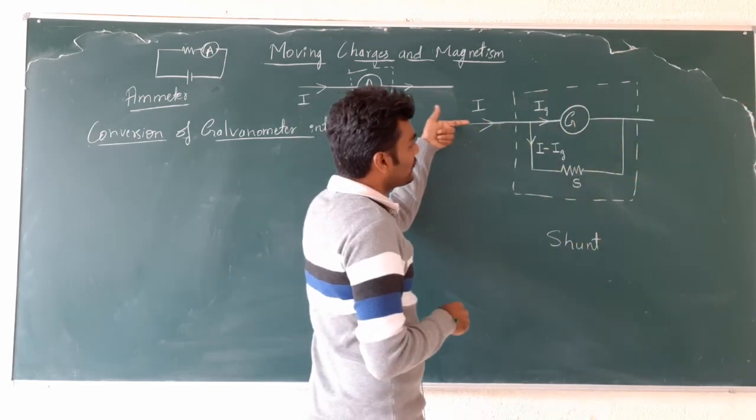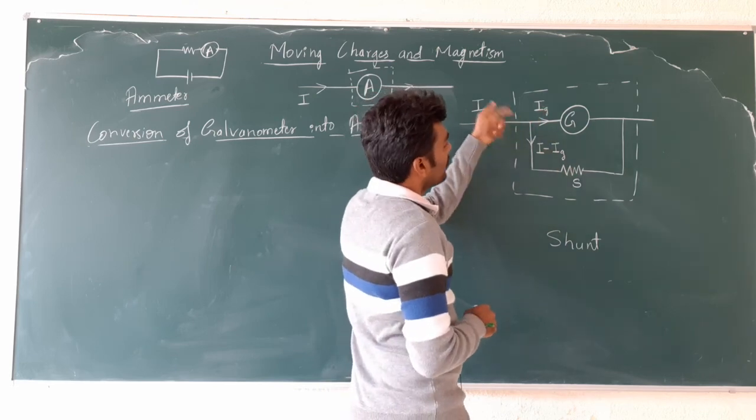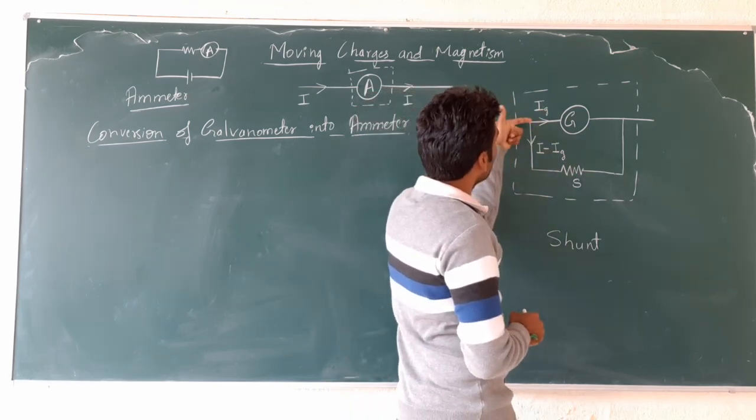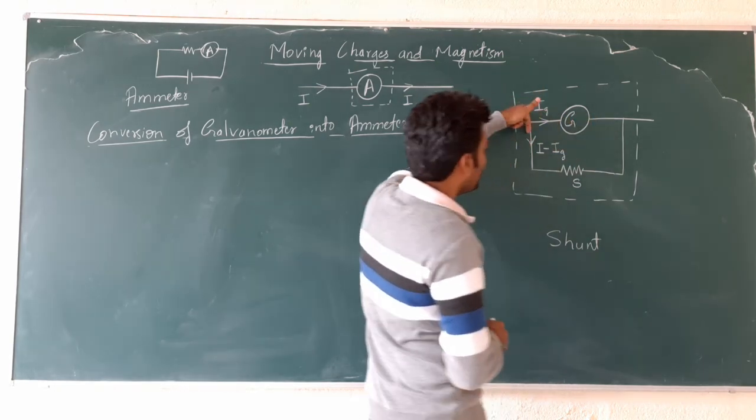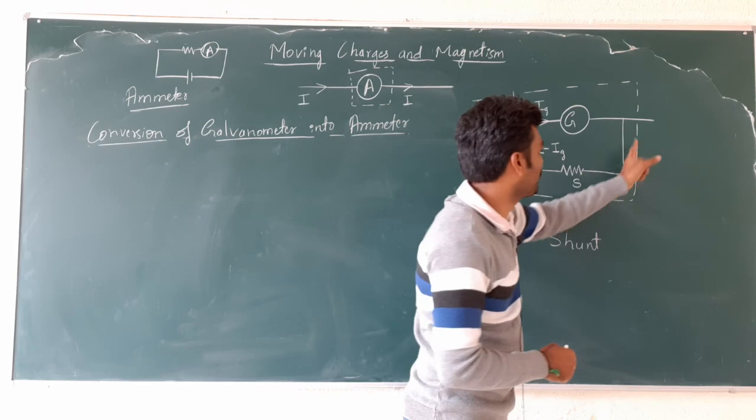Clear? I is the total current entering the ammeter. Inside the ammeter, Ig, part of this I, will flow through the galvanometer, and the remaining current I minus Ig will flow through the shunt resistance.